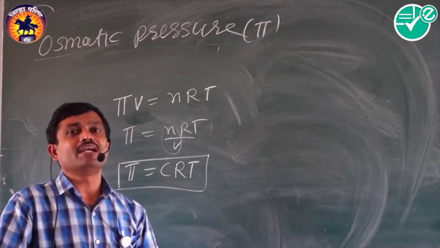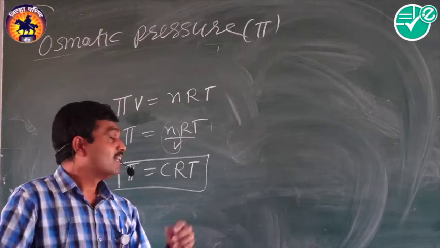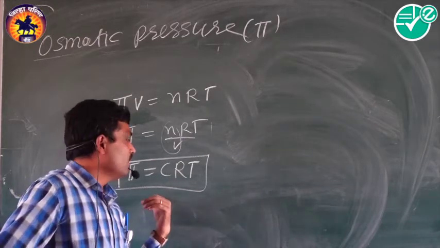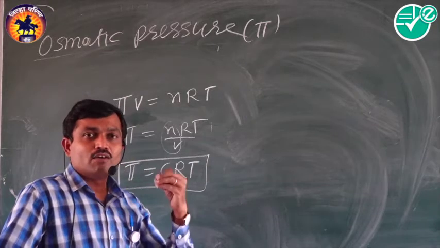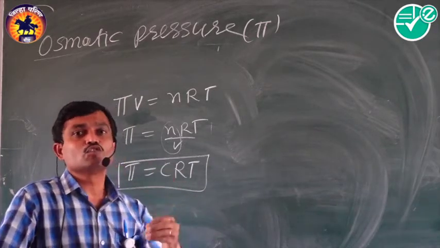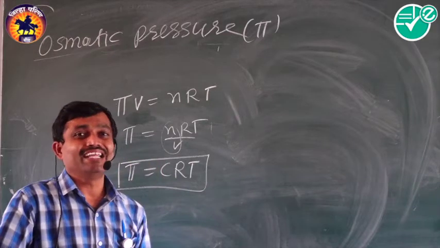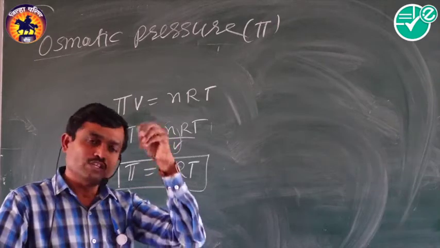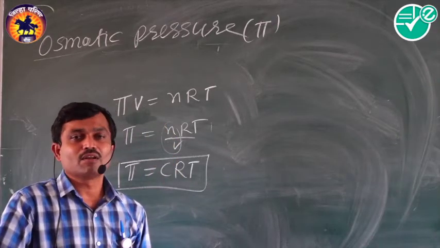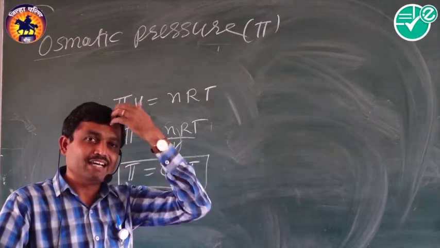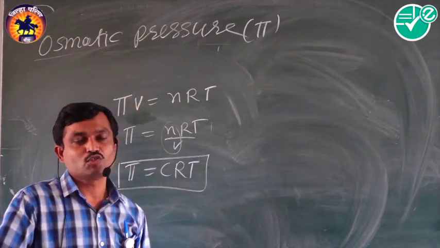This is the equation by which we calculate the osmotic pressure obtained by adding solute particles. It also depends upon the number of solute particles: the greater the number of solute particles, the greater the osmotic pressure observed.